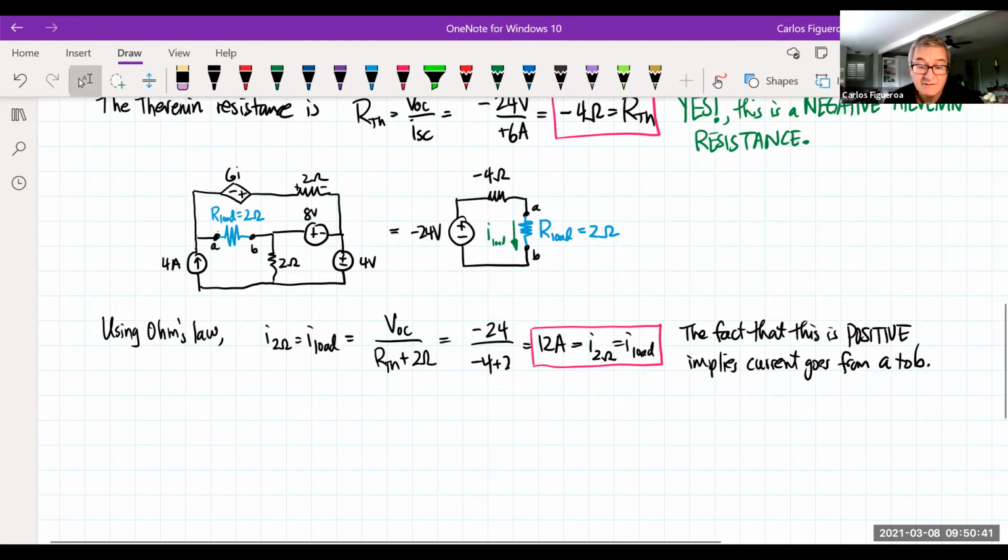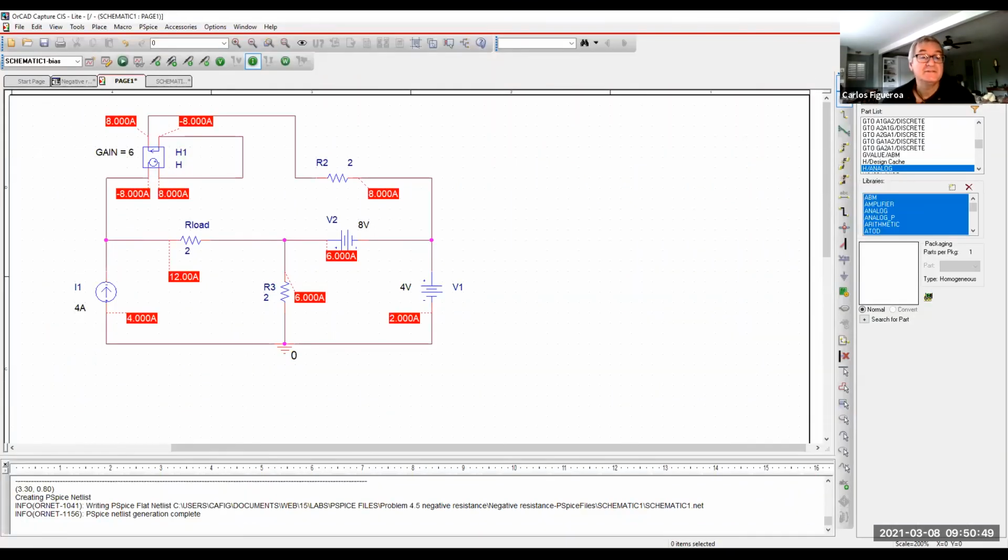So what I did here is that I went in and I PSpiced this. So let me show you my PSpice. Here's the PSpice, and what you're seeing here is that if I look at that current, PSpice is telling you that the current is exactly entering the circuit as we expected.